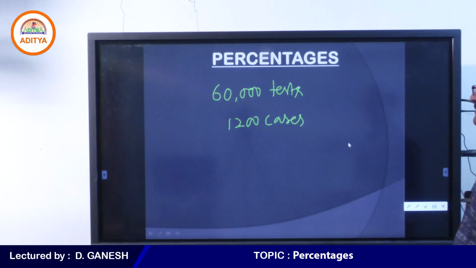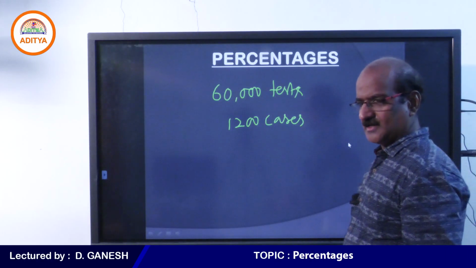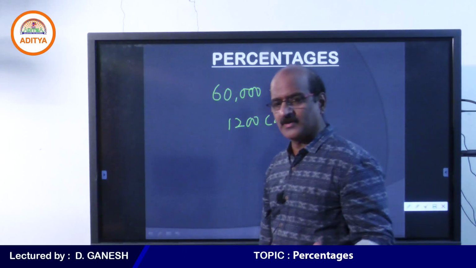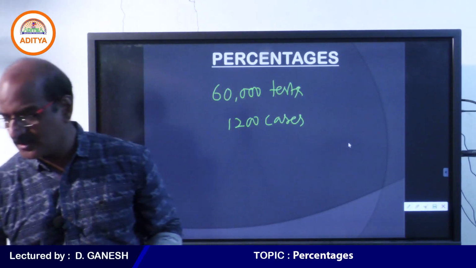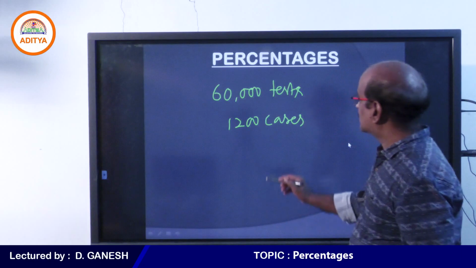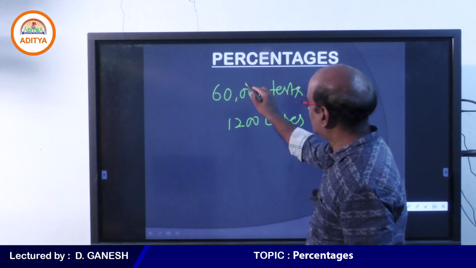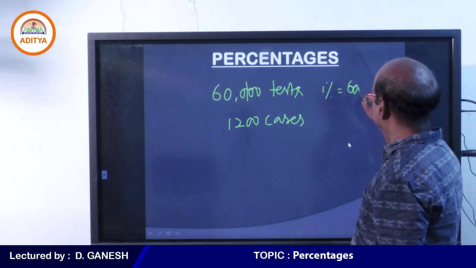Answer my question. What is the positivity rate? Out of the 60,000 tests they conducted, only 1200 corona cases were identified. May I know what the percentage, the positivity rate, is? Because out of 60,000 tests, every 1% is 600.